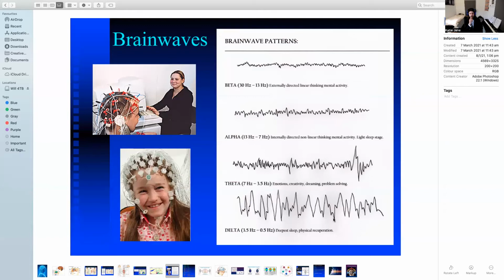What this is doing is allowing the body to achieve a state of coherence and connectedness within itself to be able to heal itself. That's the fundamental principle. It's trying to get the body to a place where it can do the work itself, because the body is very, very capable of these processes.